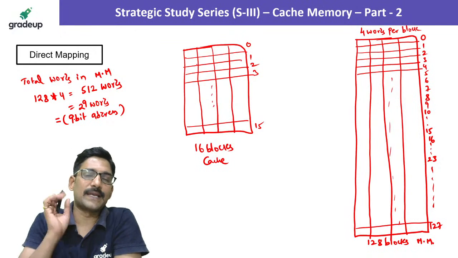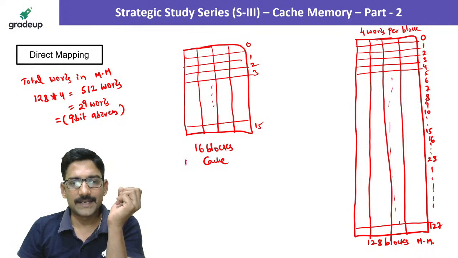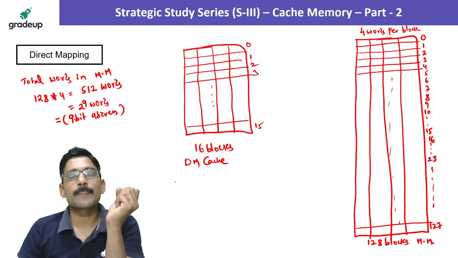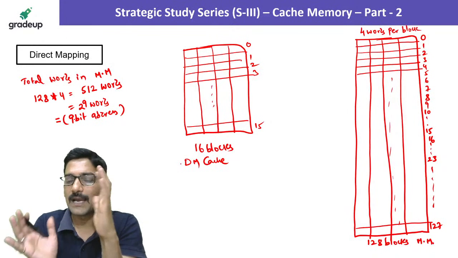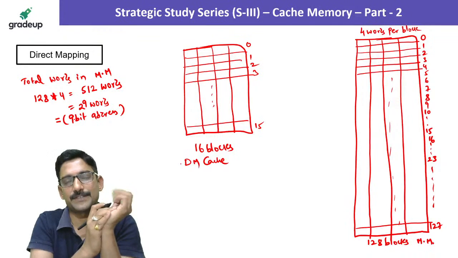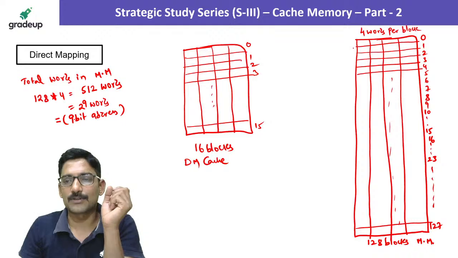So there will be a 9-bit address. Now, when this is a direct mapped cache, how does the DM cache view main memory? As groups of cache memories. How many blocks are in cache memory? 16 blocks.